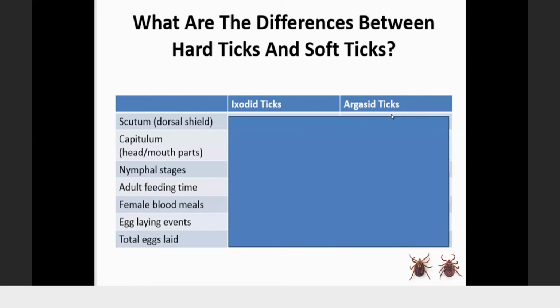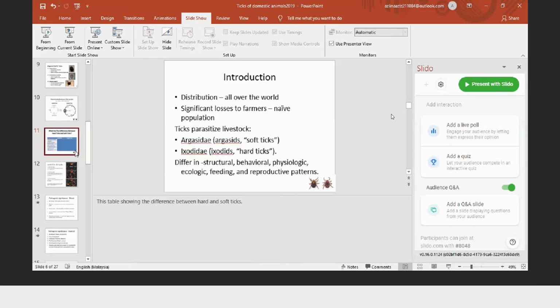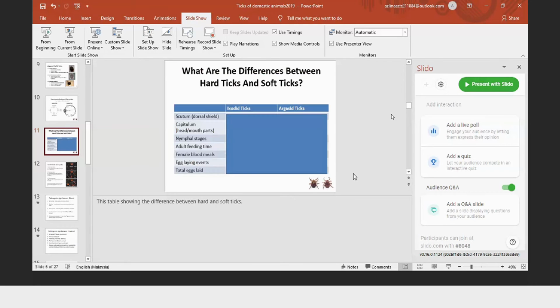Okay. So what are the differences between hard ticks and soft ticks? Maybe some of you can answer through the chat.